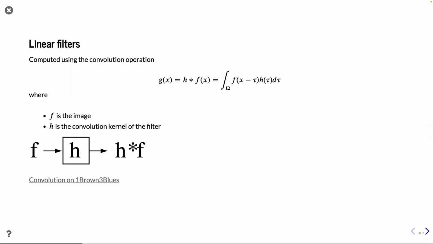And typically, the first type of filter that you approach is the linear filters, which are computed with the help of the convolution. And then we have the convolution integral, as you probably have seen in your calculus classes many years ago. This right now looks like a one-dimensional signal, but it can actually be applied in as many dimensions as you like.